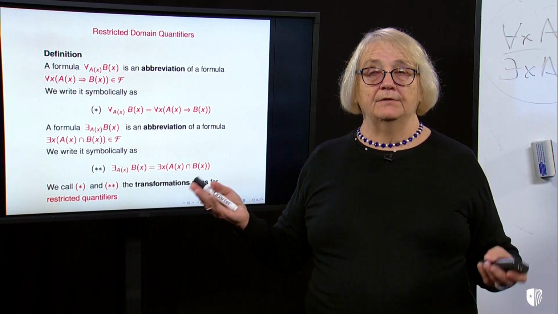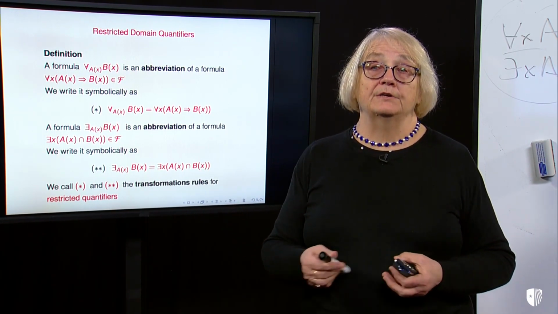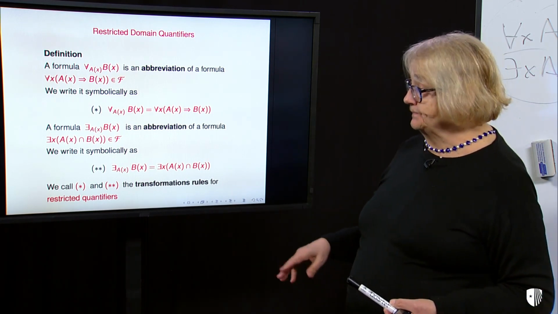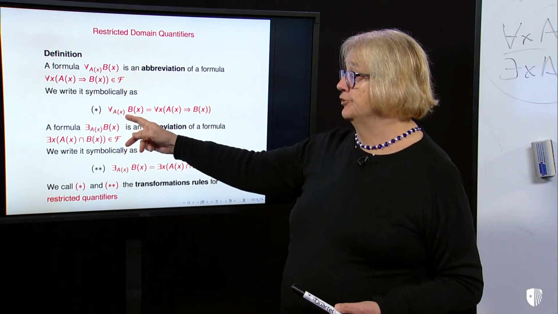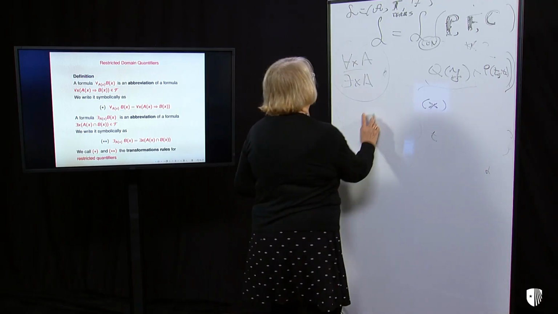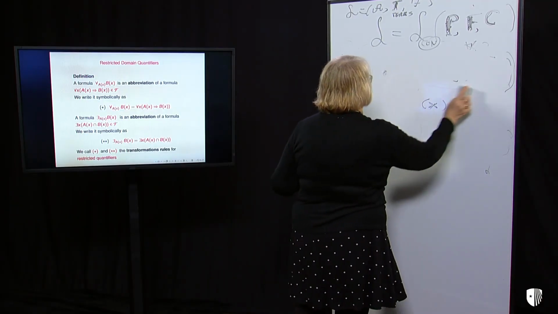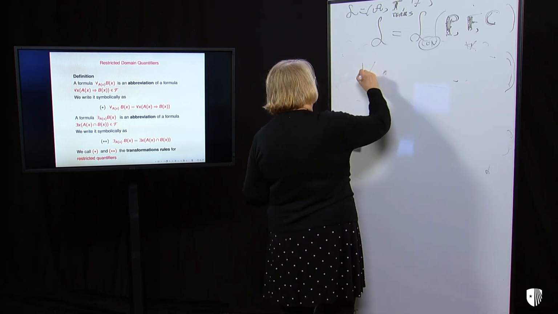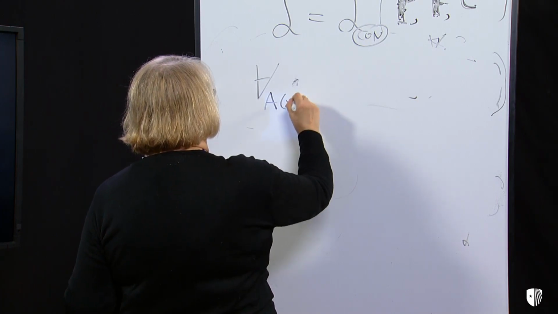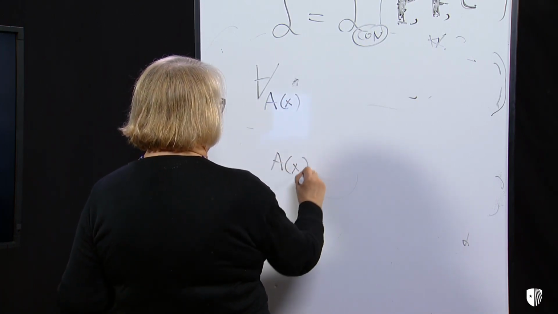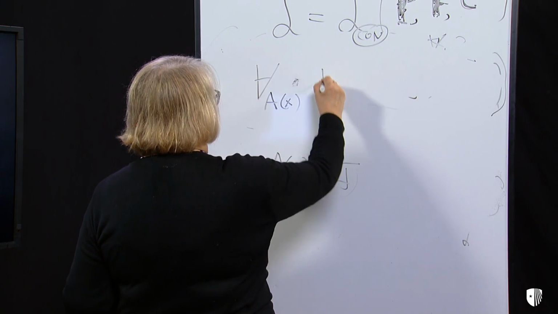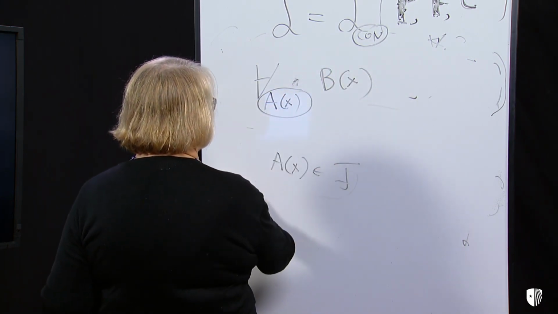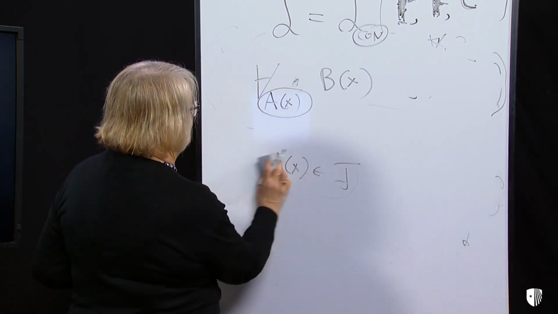Here is how you translate. When I want a restricted domain quantifier, I introduce a restricted domain quantifier for all A(x), where now B(x) is any formula. It means the restriction is whatever that formula says.